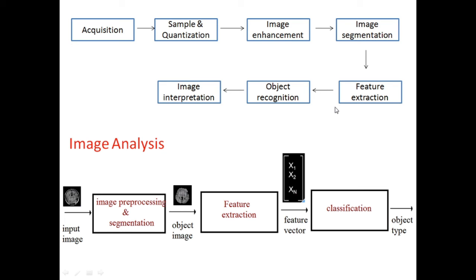So this is my input image, then pre-processing and segmentation. Some object I got here. From this image, feature extraction is done. After getting the feature vectors, I will be classifying them through some learning algorithms, and I can find out what is present inside the image.